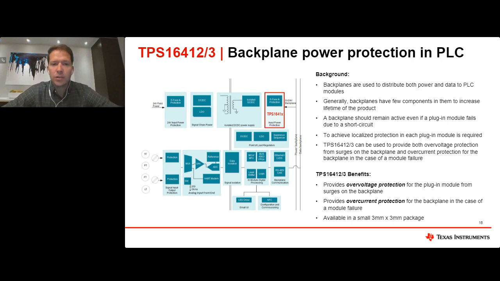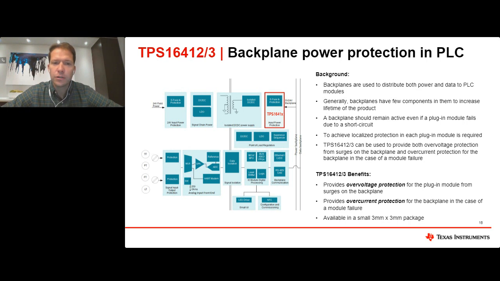So what the TPS1641 can do is help provide optimized protection, both overvoltage and overcurrent protection, in the case of a module failure. Additionally, our device can also provide inrush current limiting. If a device is hot swapped into a backplane, our device can provide inrush current control as it charges up the input caps of the module.